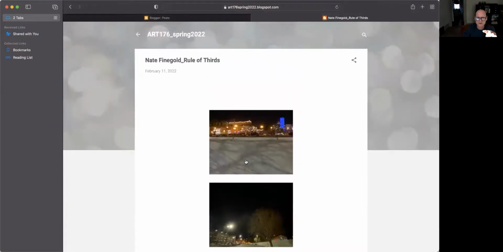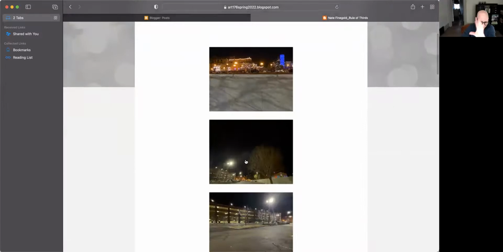We need daytime photographs. Nighttime sets up a whole other series of considerations that we address in other classes and at other times. So unless I'm specifically talking about photographing at night using artificial light, it's always presumed you're going to shoot during the day where the sun is your main light source.